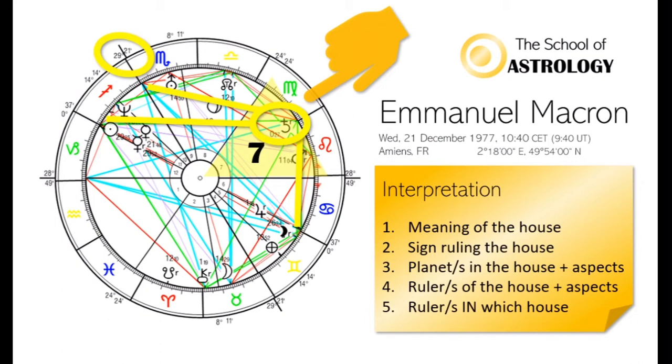You see that the MC is on 29 degrees 21 in Scorpio. If the birth time is correct, the MC would be in the so-called void of course, which means that the MC and therefore the career cannot manifest. Now, if you become the president of France, we cannot seriously argue that your career didn't manifest, right?